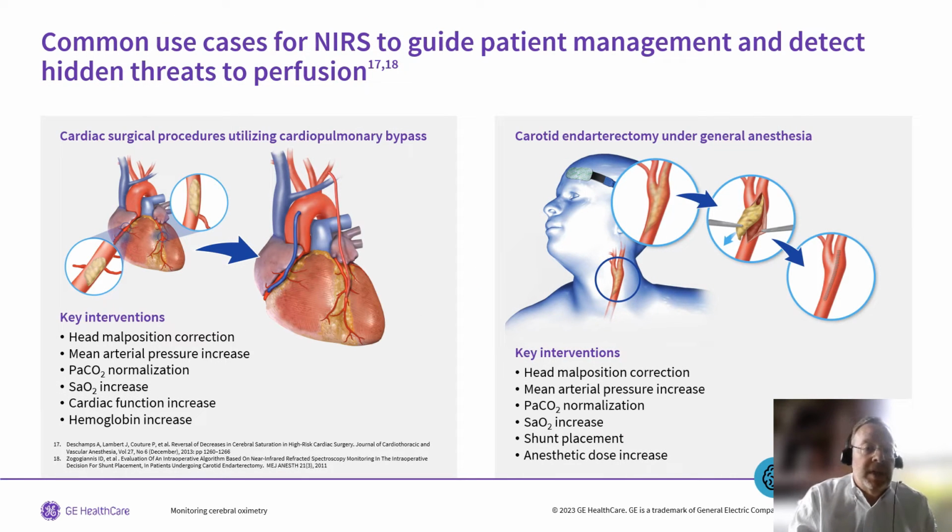Besides detection of critical events, NIRS is also used primarily in cardiac and vascular surgical procedures, usually to tailor therapy directed to the balance of oxygen to the brain. Interventions during these procedures are both similar and are aimed at restoring supply and demand imbalances to the brain through a series really of stepwise interventions that are often not mutually exclusive.